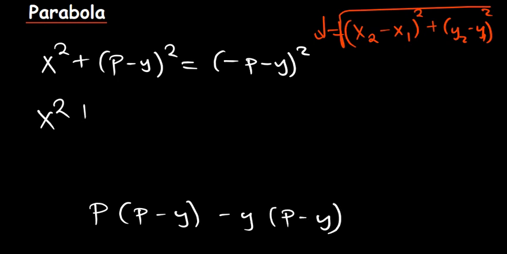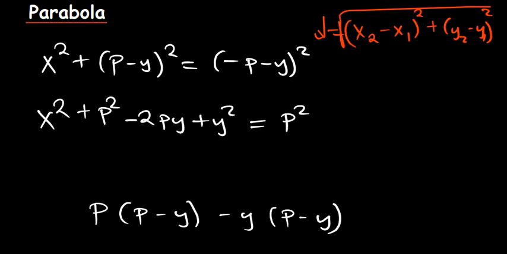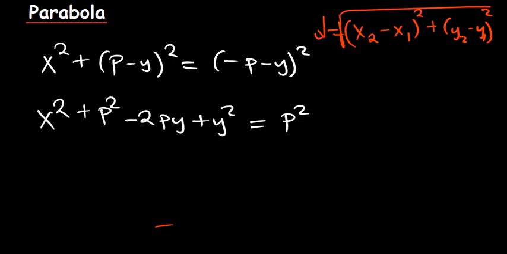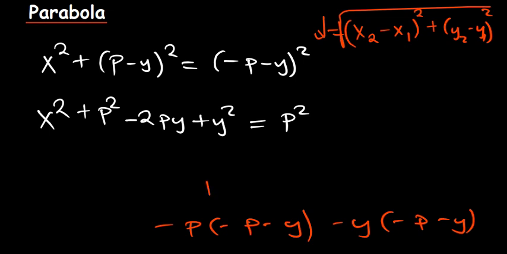So that will give us p squared minus 2py plus y squared, equal to, and we're applying the same concept as well: negative p multiplied by (negative p minus y), and then negative y multiplied by (negative p minus y). So this will be p squared plus py plus py plus y squared. So that is going to be p squared plus 2py plus y squared.